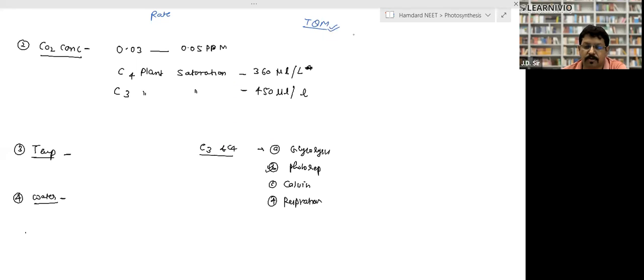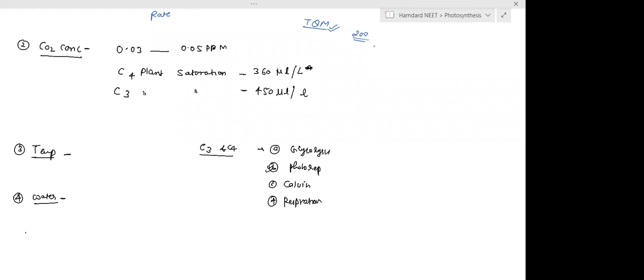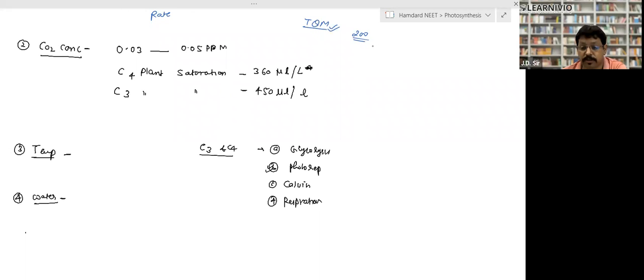If the TQM of water is more than 200, then it is polluted. It's not healthy for you to drink. But in many cities, when you measure it, it reaches up to 1000. So we use TQM for that.